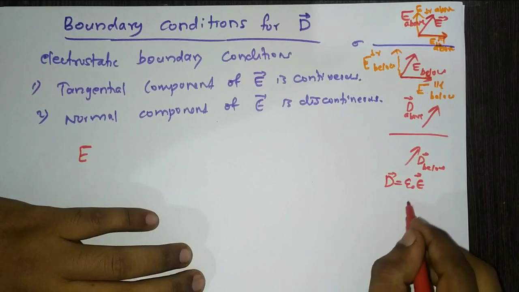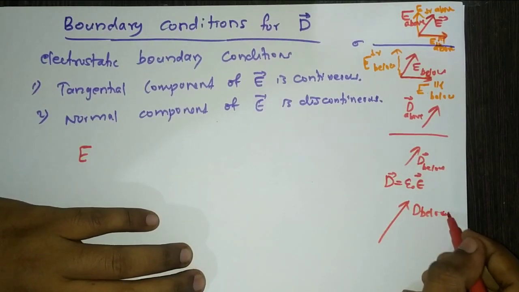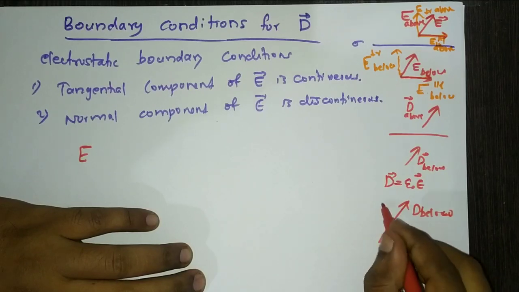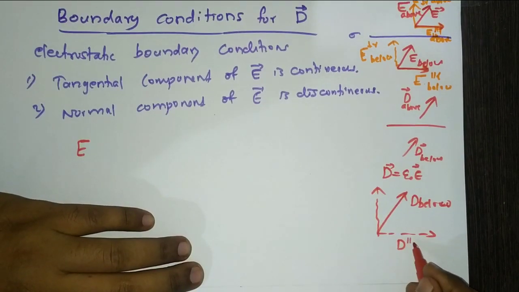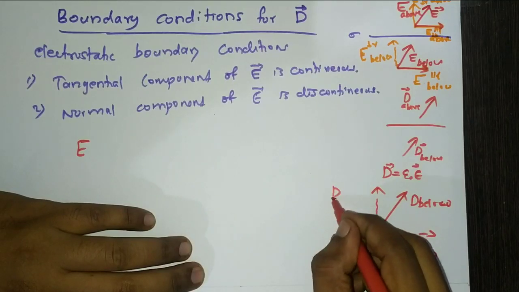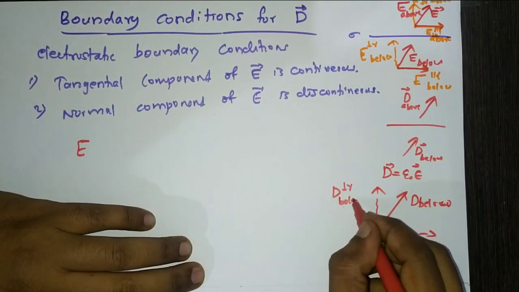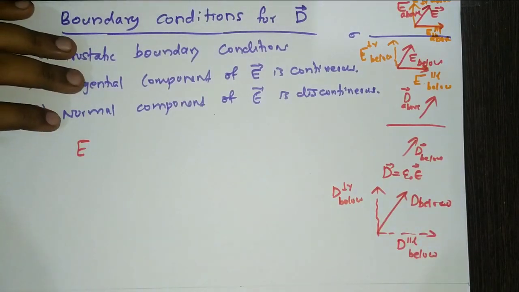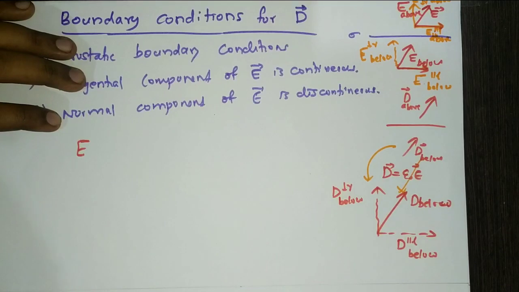D below can be resolved into two: a tangential component and a normal component. The tangential component can be written as D parallel below, and D perpendicular below. This is this vector, that is this one.